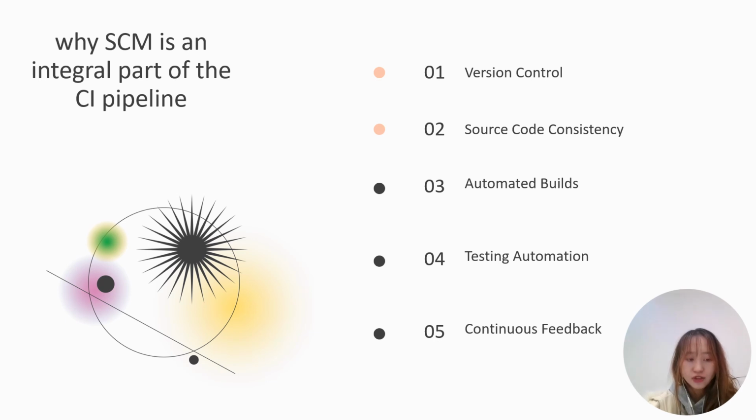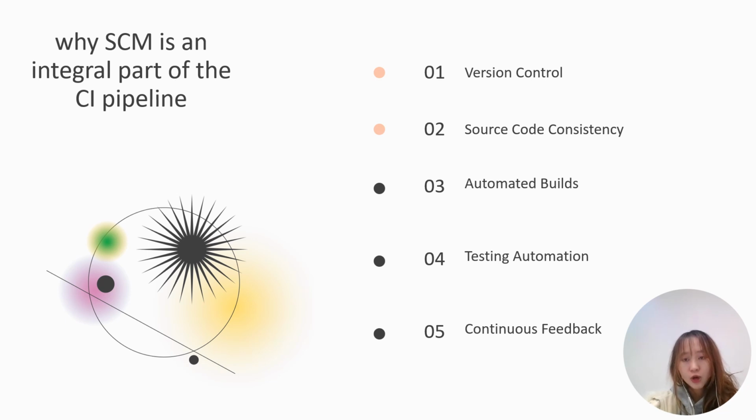It helps manage different versions of the software and ensure the team members are working on the latest version. And CI relies on this version control to automatically trigger builds and tests when changes are committed. So it helps a lot with CI.